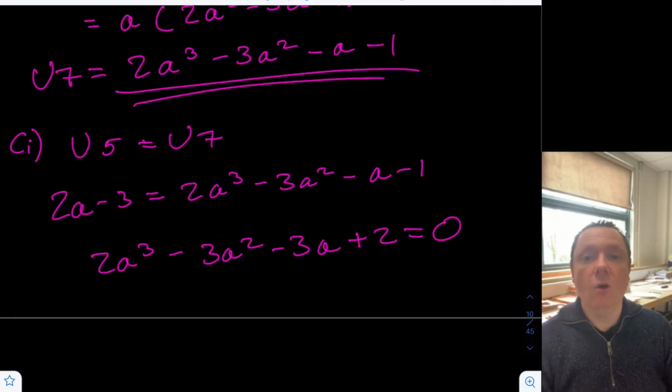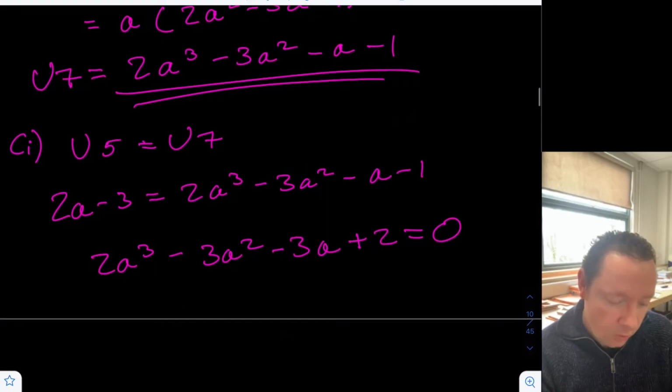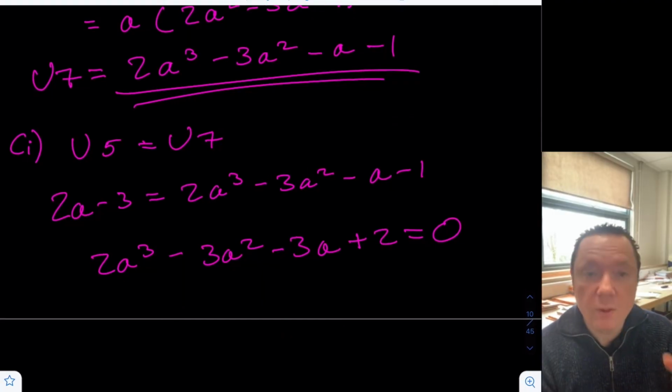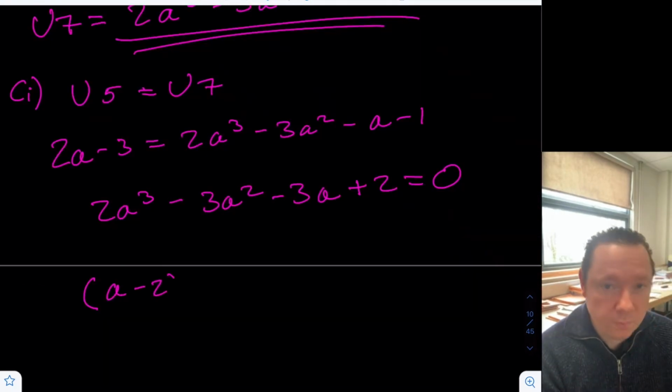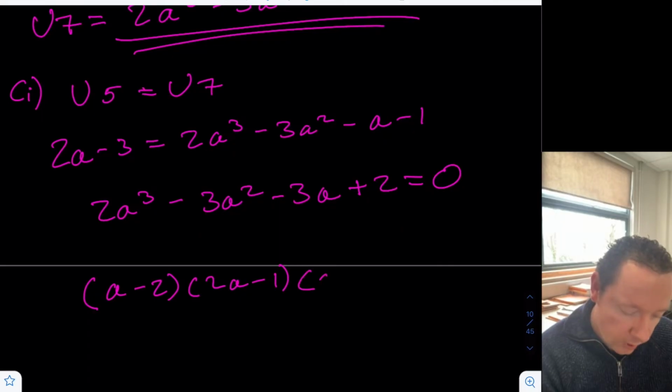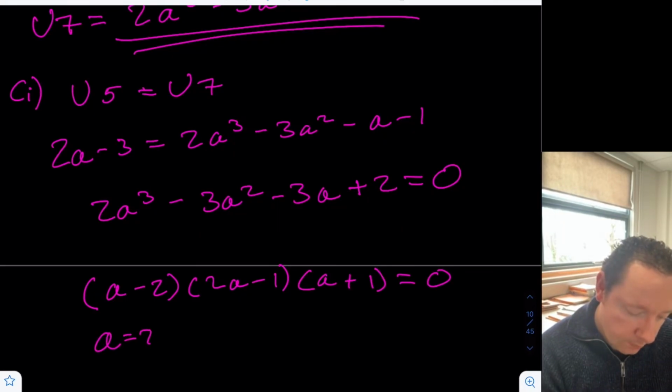So we've now got a cubic to solve, so it's actually back to polynomials. 2a cubed minus 3a squared minus 3a plus 2. We've already factorised that. So taking our answer from part A, a minus 2, 2a minus 1, and a plus 1 equals 0. So that means that a equals 2, 2a equals 1, so a equals a half, and a equals minus 1.